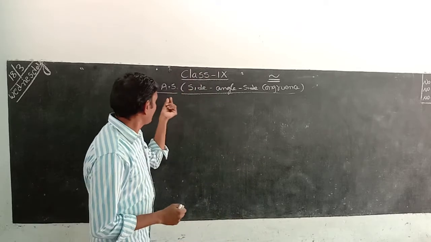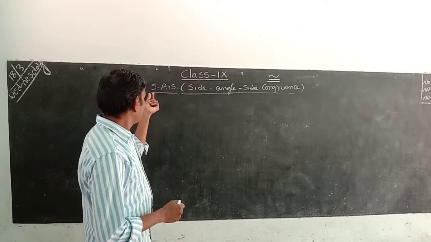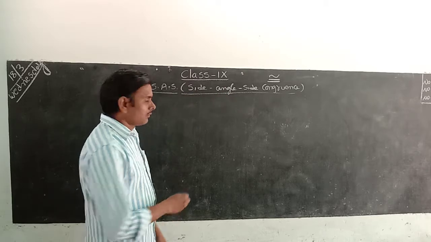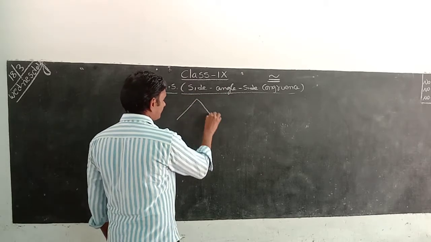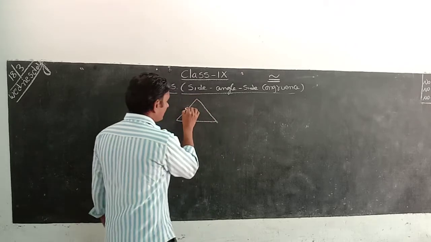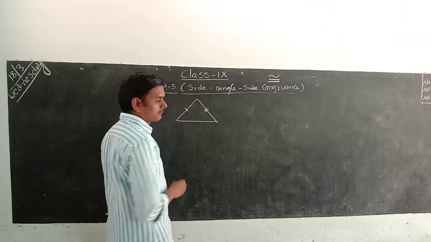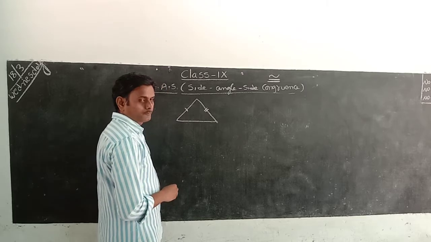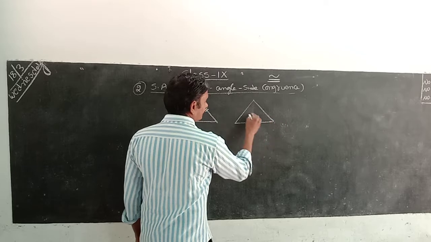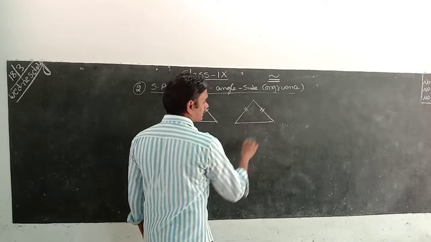Now we want to discuss the SAS congruence: side, angle, side. If you choose a triangle, in it these two sides are taken, and I take another triangle and take these two sides.